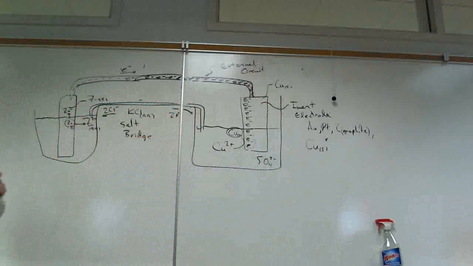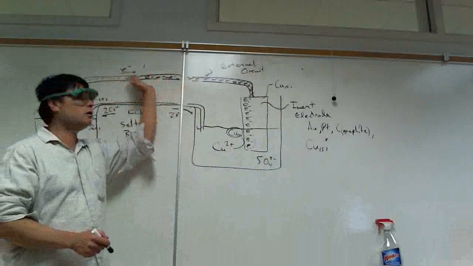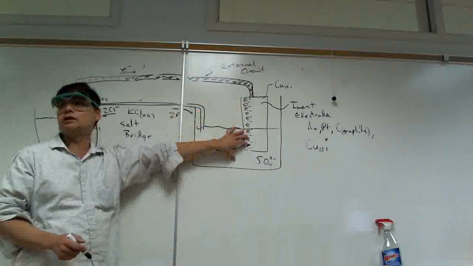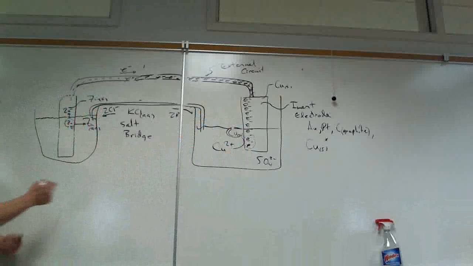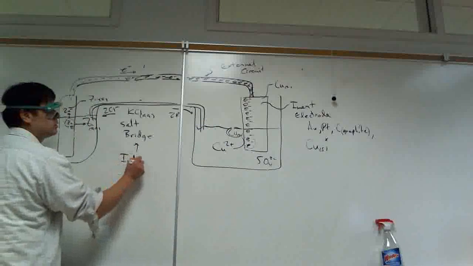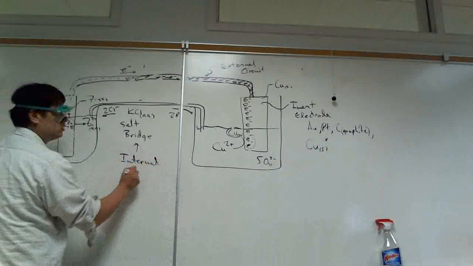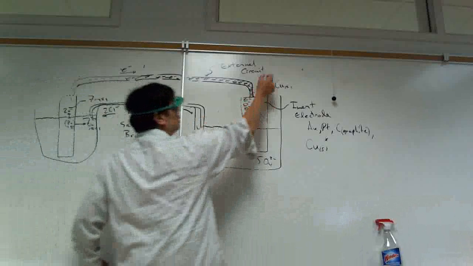But we can't just have negative charge flowing left to right. Electrons have negative charge, so what we're getting is a whole bunch of negative charge over here, leaving positive charge over here. And so we have an internal circuit to neutralize the space charge. The internal circuit is a salt bridge. In the internal circuit, we don't have electrons conducting.